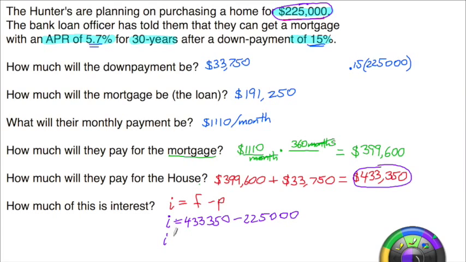And the amount of interest that is paid for this loan is a lot. So minus $225,000, $208,350. So almost as much as the cost of the house paid in interest to purchase this house over 30 years. Kind of crazy, but that's mortgages.